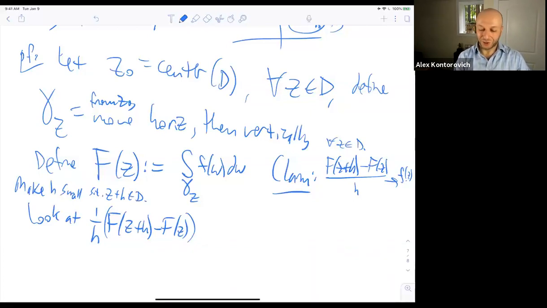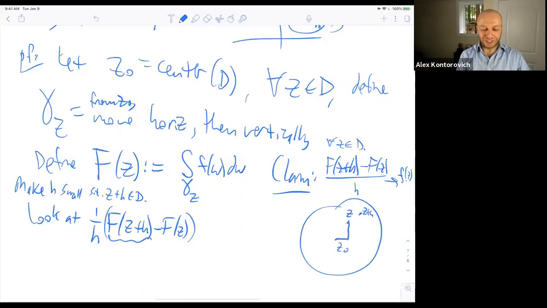So again, here's my picture. Here's the disk. Here's z0. Here's z somewhere. And here's z plus h somewhere. They're both in the disk. F of z plus h is an integral. So there's a 1 over h in front. There's an integral over gamma z plus h. Gamma z plus h is this.